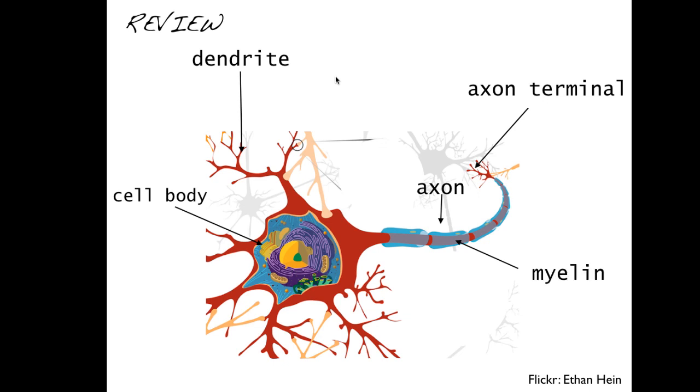Finally, myelin covers axons. What I didn't talk about was this area here where the axon originates from the cell body. We call this the axon hillock. This will be important when we talk about graded potentials, whether an action potential actually occurs down an axon or not.